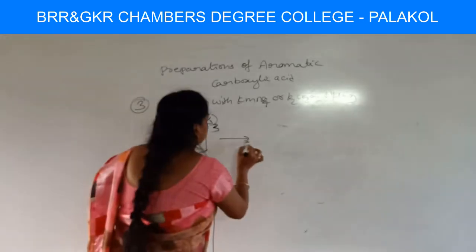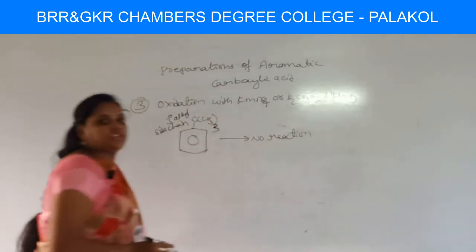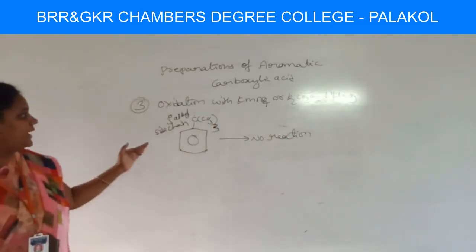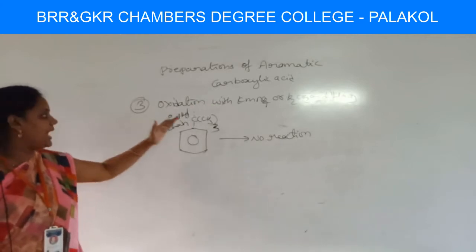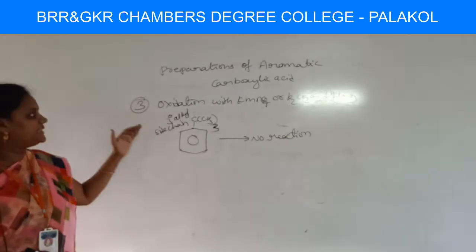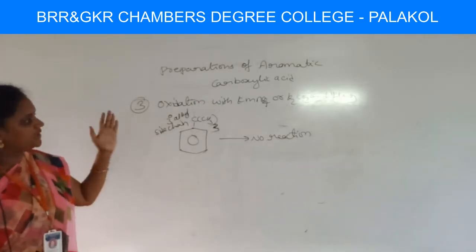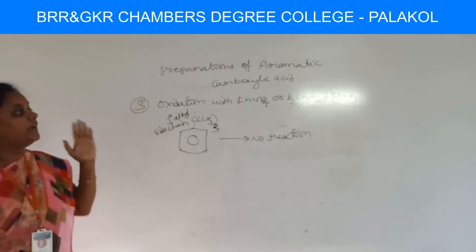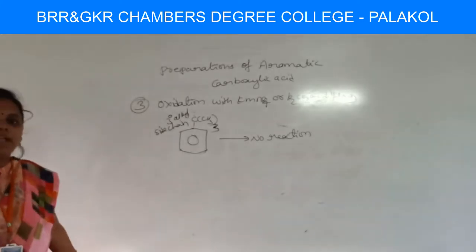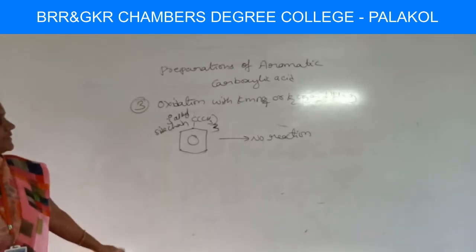No reaction takes place. If you take a tertiary alkyl side chain, no reaction takes place. This is an exceptional case of oxidation with KMnO4 or K2Cr2O7 in the presence of dilute nitric acid. Let us see the next reaction.